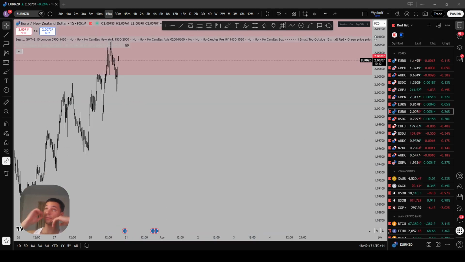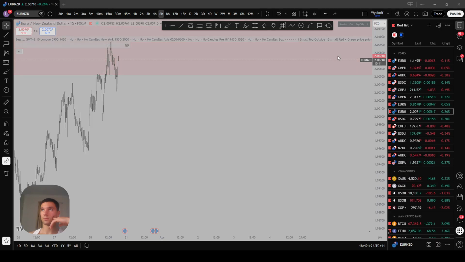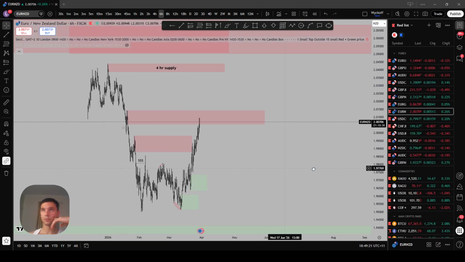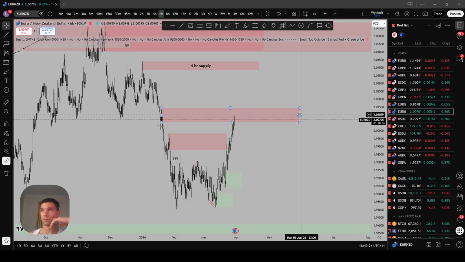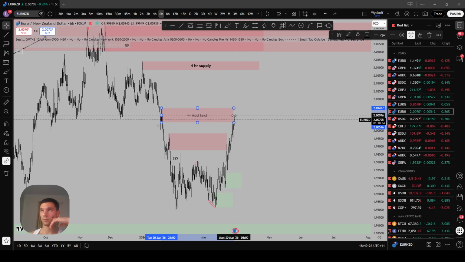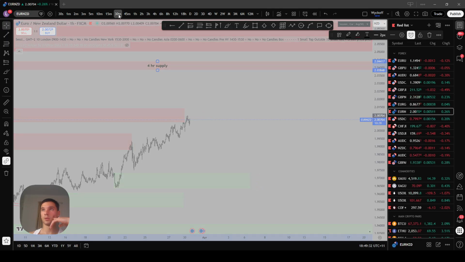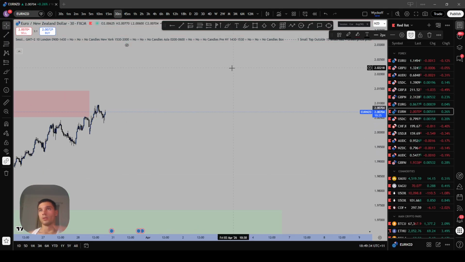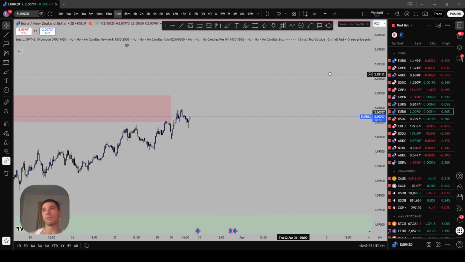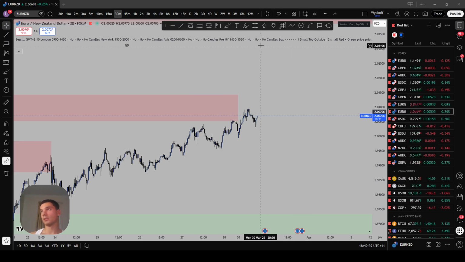Euro NZD. Definitely seems to be somewhat rejecting off this supply, somewhat. If we can distribute it, would be nice to see.